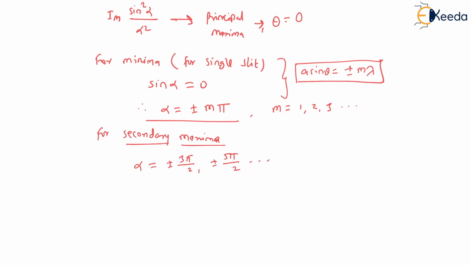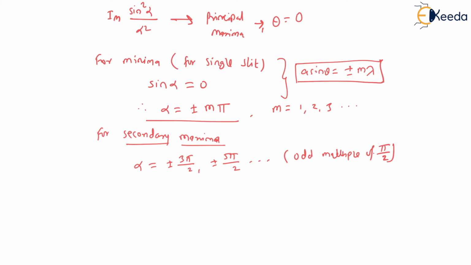In general, if you remember that we have mentioned earlier, for secondary maxima for a single slit, the condition is that the phase difference should be an odd multiple of pi by 2. That is the condition for secondary maxima for single slit.